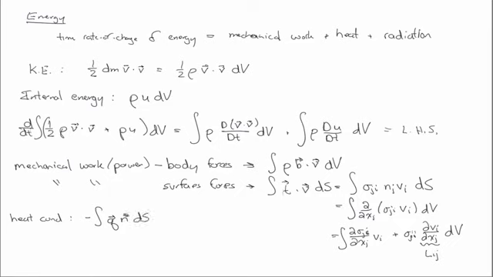Using the divergence theorem here to convert to a volume integral. And finally, the radiation term. This is generally not important unless you do nuclear power. It would be something like this, where R is the heat generated per unit mass. Okay? So we're almost done.